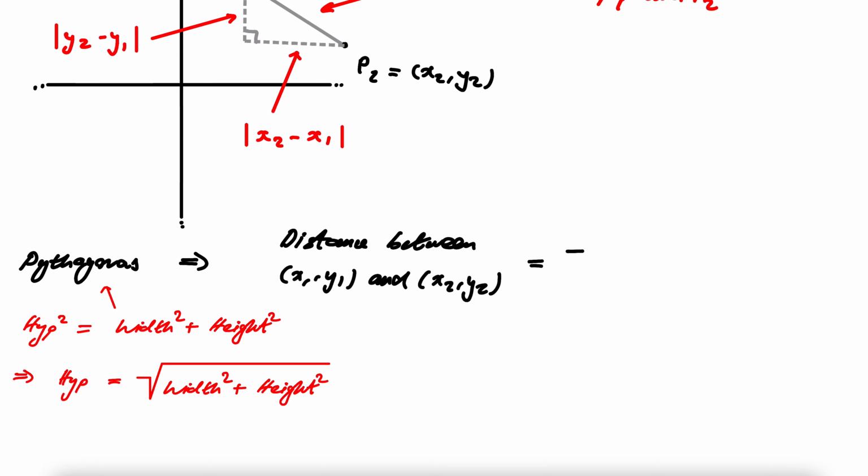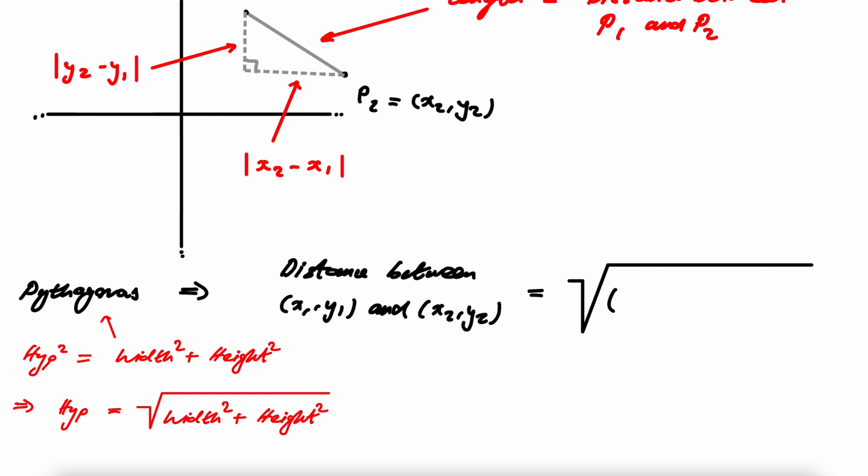It's equal to the square root, I'll write it pretty big, square root of, well, the absolute value squared, but that's just the same as the actual term squared, so let's do x2 minus x1 squared. So you don't need the absolute values because you're squaring, so it's always going to be positive anyway. Plus y2 minus y1 squared. Awesome. That is often called the distance formula.